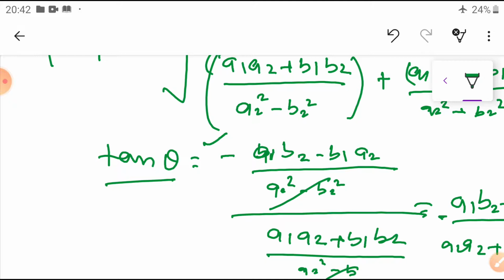You can see what tedious work this is. The method is easy, but we have to do so many calculations. Instead of doing this, division in polar or exponential form is very easy. The same problem we can do in exponential form. Okay, let us do it.